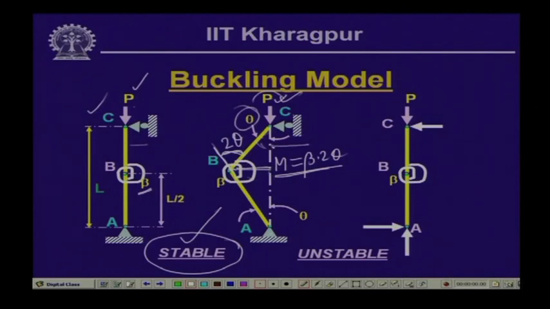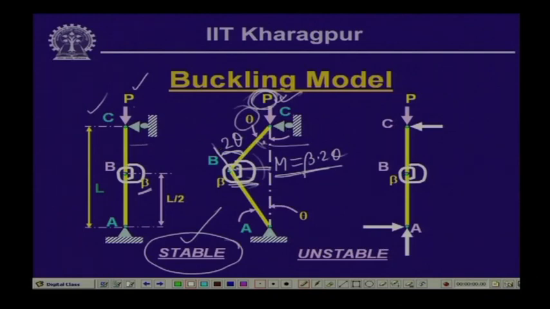Now, in that undisturbed state, if we keep on increasing this load P, a situation will come when the deformation will be large and the member is going to collapse, when the restoring moment will not be able to withstand the effect of the compressive load.